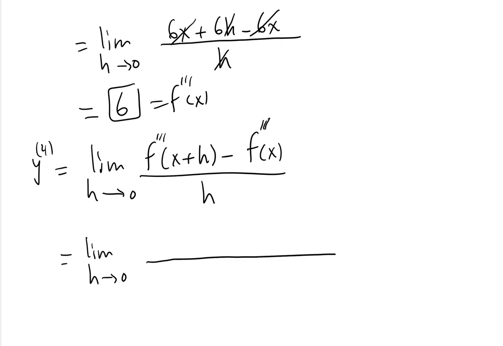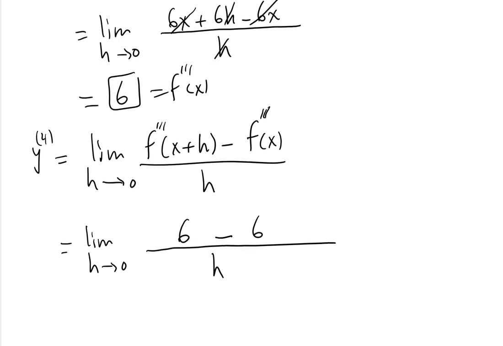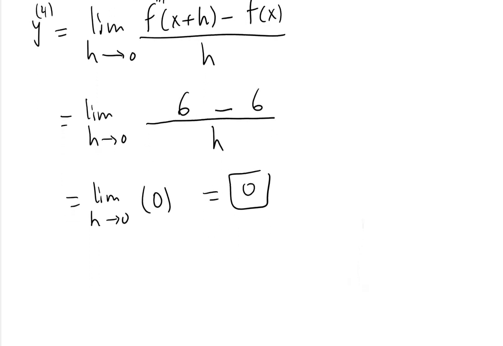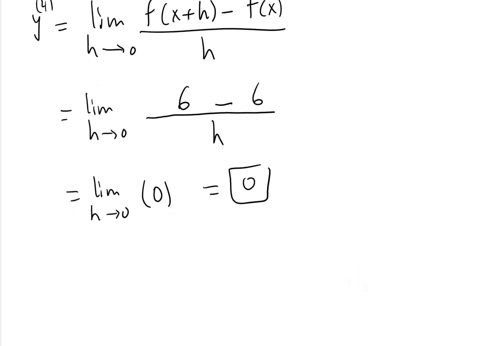For f triple prime of x plus h, we need to replace every x with x plus h, but we don't have any x's, so it's just 6, and the same thing here over h. So remember, h is not 0, but it's approaching 0. So here we get 0 over h is going to be 0. So from there on, any derivative we find is going to be 0.